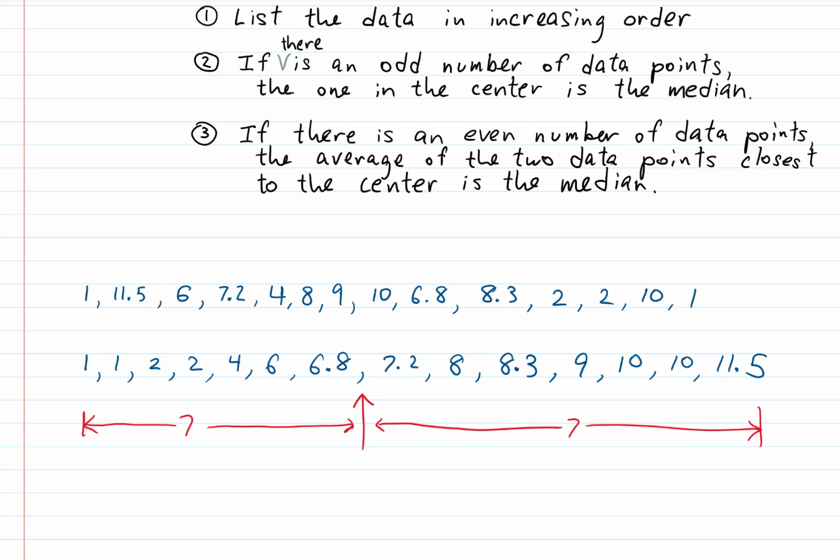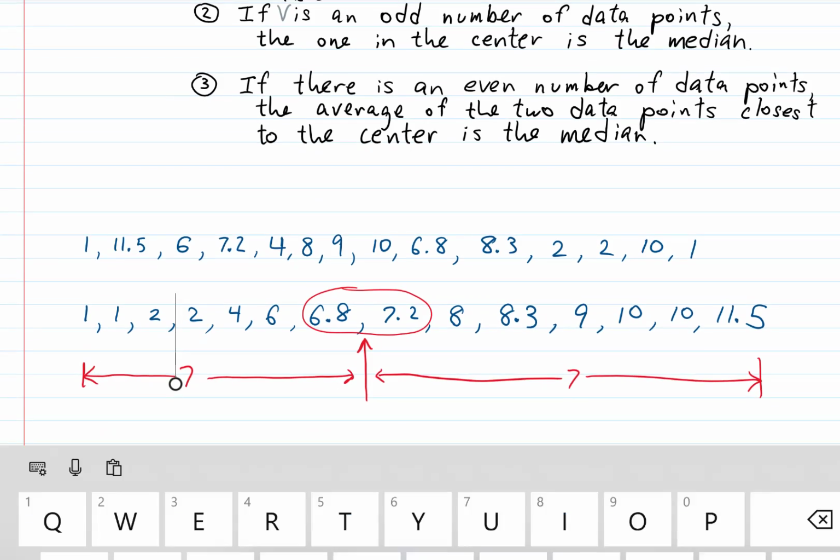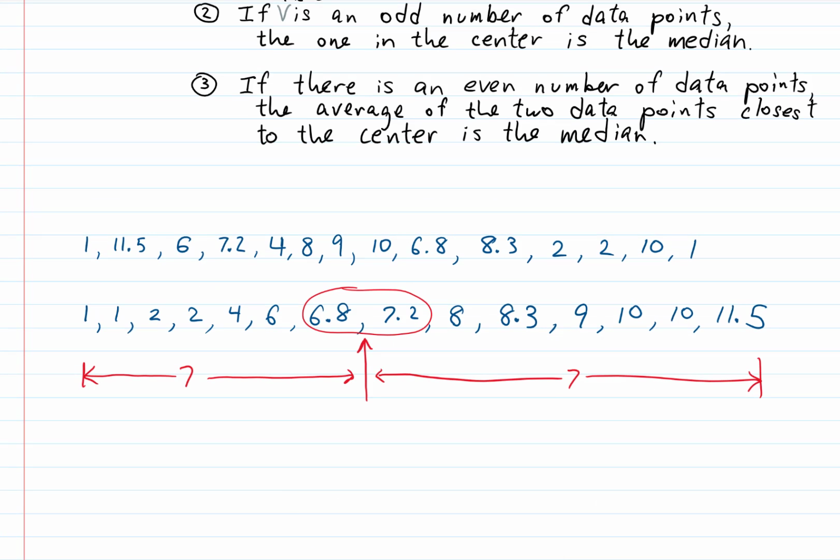So to find the median you take the 6.8 and the 7.2 and you find their average. Do you know how to do that? You do 6.8 plus 7.2 divided by 2, which is 14 divided by 2, which is 7. And that's your median.